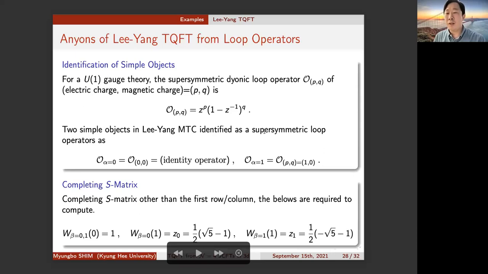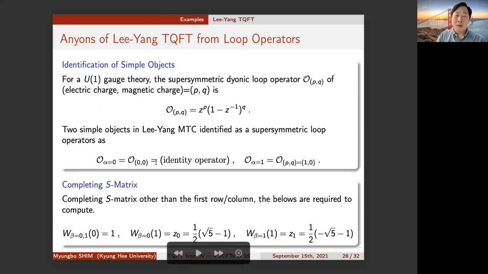Here, the supersymmetric loop operators are parameterized by electric charge P and magnetic charge Q. And the vacuum expectation value, or eigenvalue, of this operator is computed in terms of the Bethe-vacua with the exponents P and Q. And we can identify the two anyons in the Lee-Yang topological field theory.